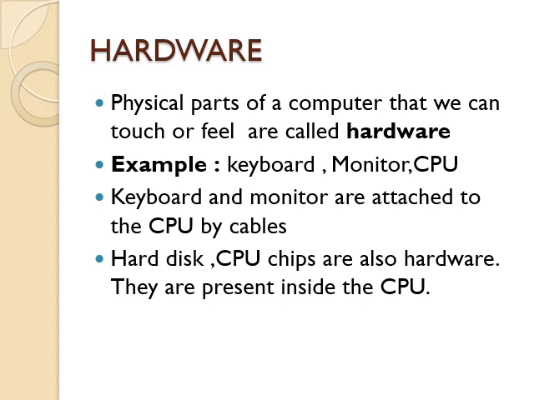So how are these hardware parts attached to the computer? They are attached to the CPU by cables. Inside the CPU, there are also some parts like the hard disk and CPU chips. These are also called hardware. Once you open the CPU, we can see all these parts.